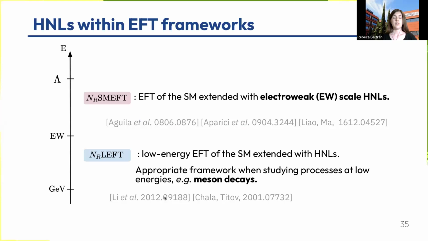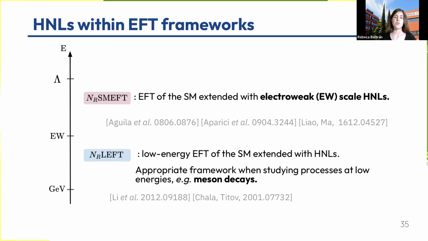As I mentioned before, the appropriate framework to describe the physics at these energy scales is NR left. Here we have to remove the top quark, the Higgs, and the gauge bosons, and only the light quarks and leptons remain. So the basis of operators completely changes and new operator structures appear.